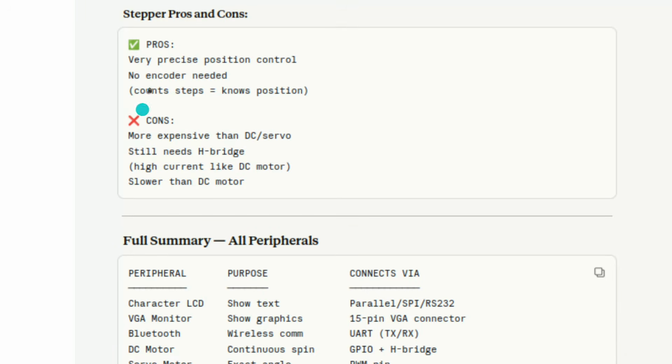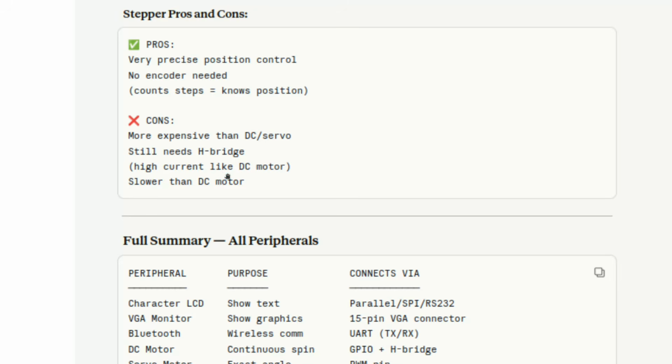We don't need to count the steps here, but it is very expensive and it still needs an H bridge. Here also an H bridge is needed, but it is slower than the DC motor. So you have to understand that this is kind of expensive. Okay, here the main pros is that you can find the correct position precisely.